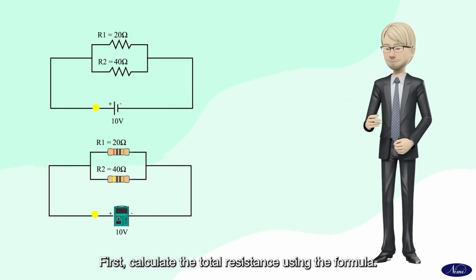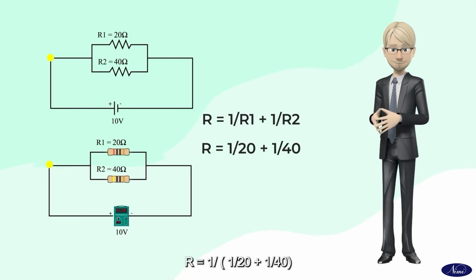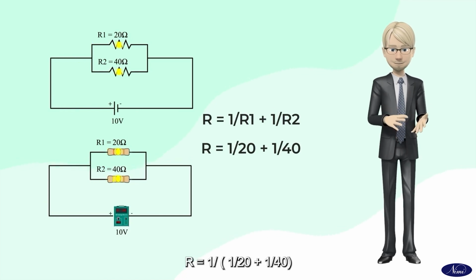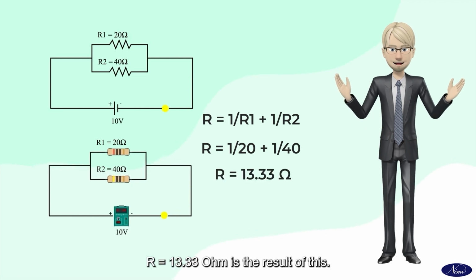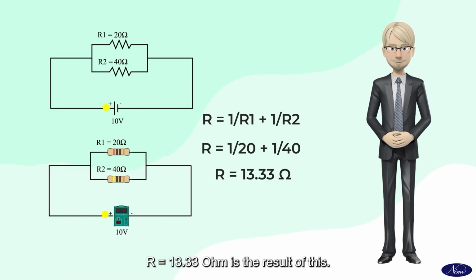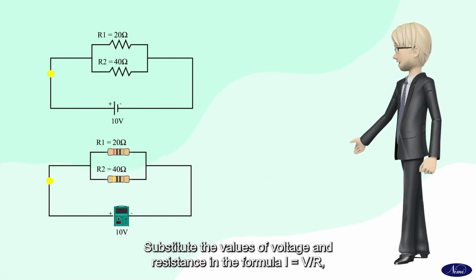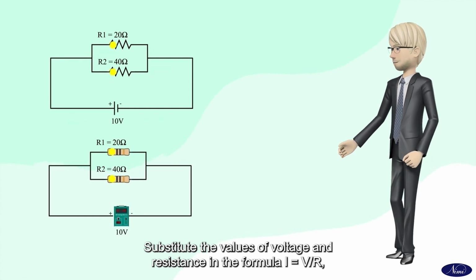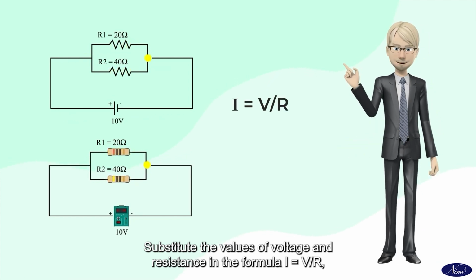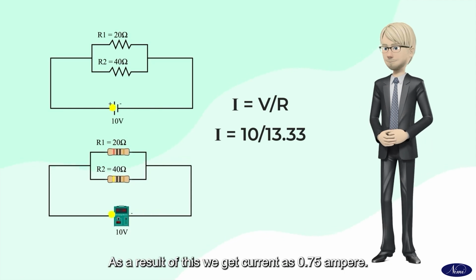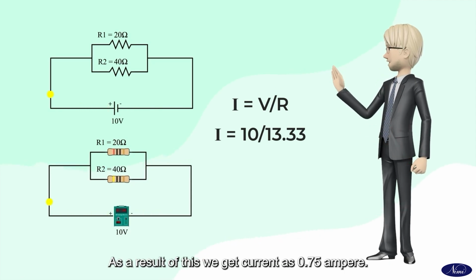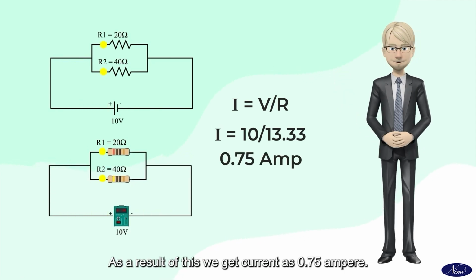First, calculate the total resistance using the formula R equals 1 by (1 by 20 plus 1 by 40). R equals 13.33 ohms is the result of this. Substitute the values of voltage and resistance in the formula I equals V by R. I equals 10 by 13.33. As a result of this, we get the current as 0.75 ampere.